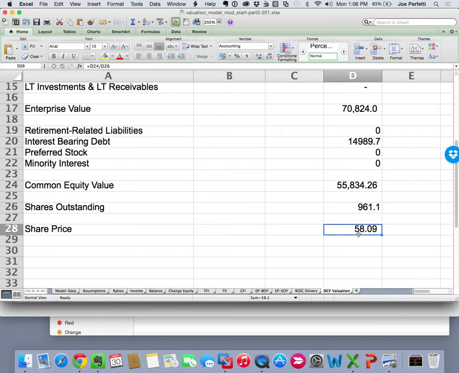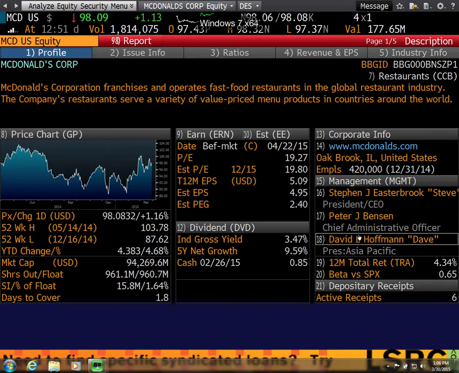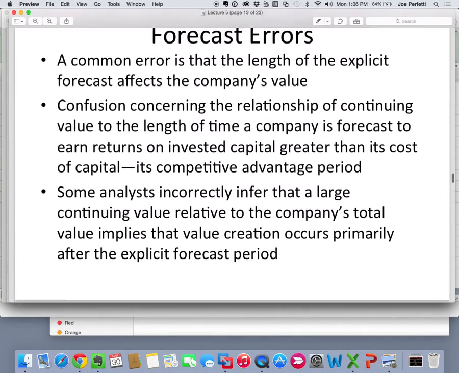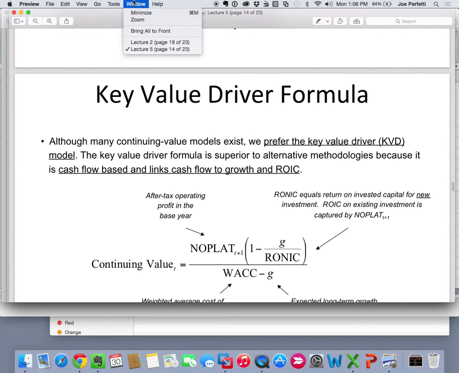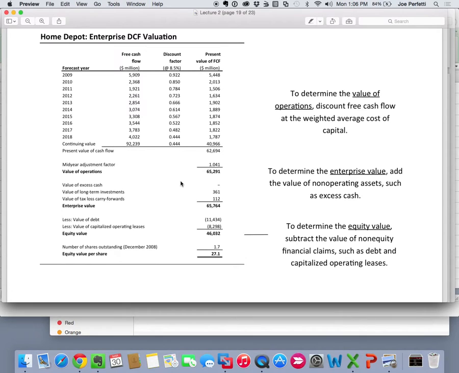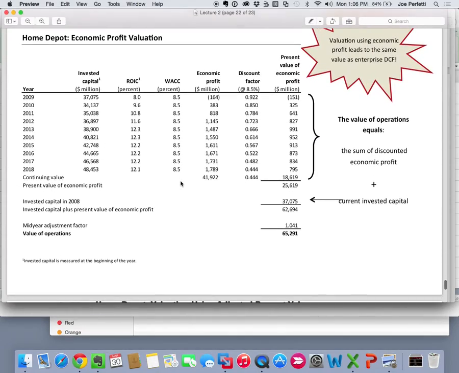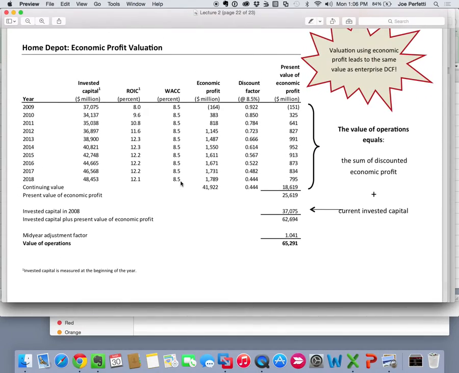Now, when we went through the lecture notes and you read in the book from McKinsey, they gave an example of this. And the example of this in lecture note 2, using Home Depot, basically said the only difference between the economic profit valuation and the DCF was how operating value was calculated. Everything else was identical, but the only difference was calculating the operating value.